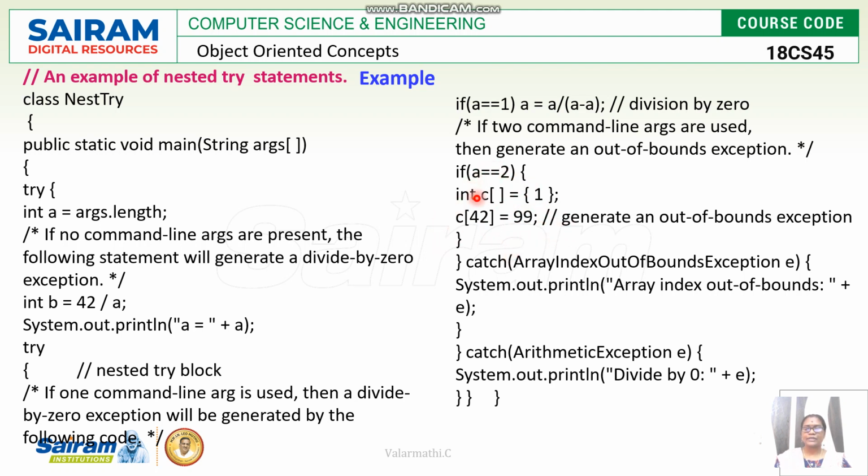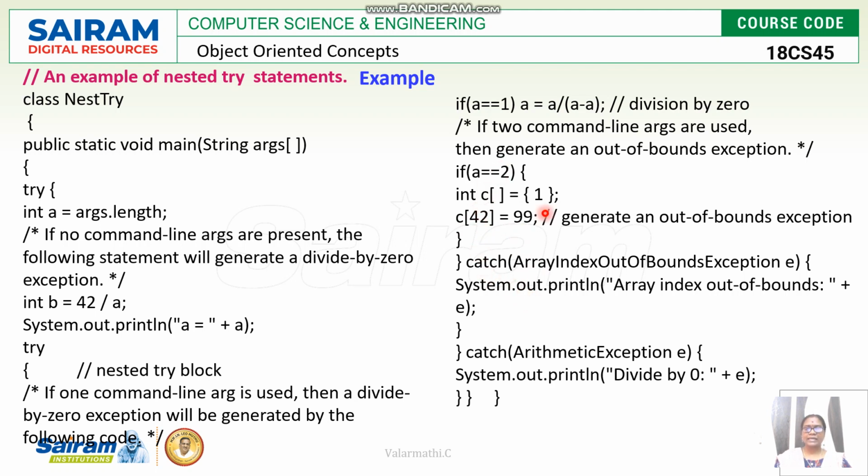Why? Because the array index given for array c is out of bounds. As of now only one element is in the array c, but in the very next statement c[42] = 99, so obviously the index value will be out of its limit.